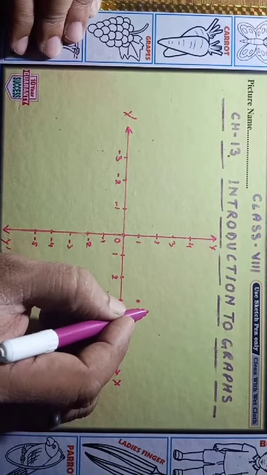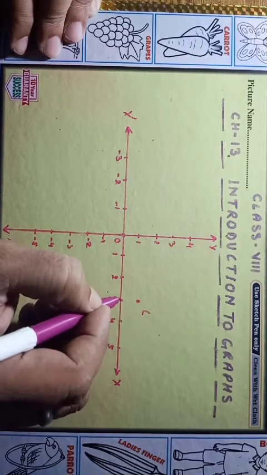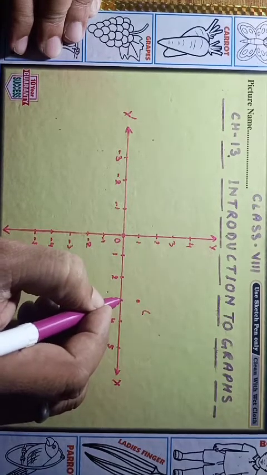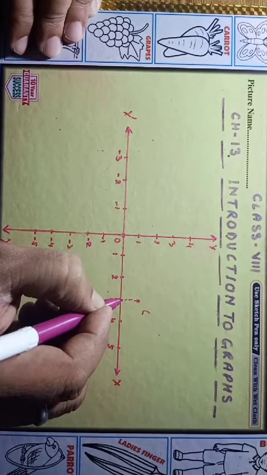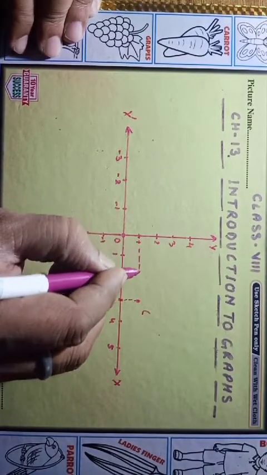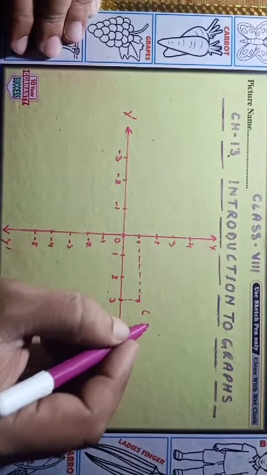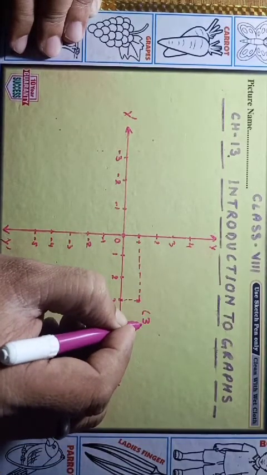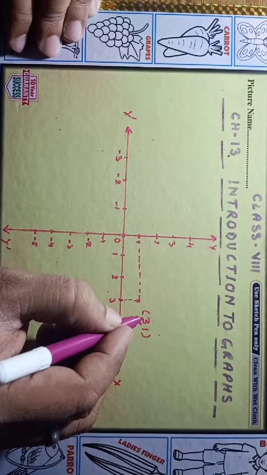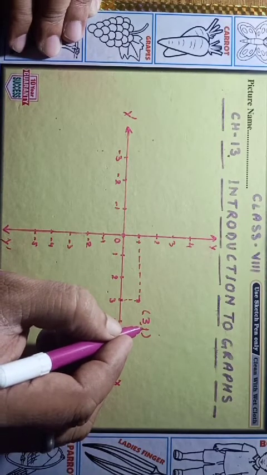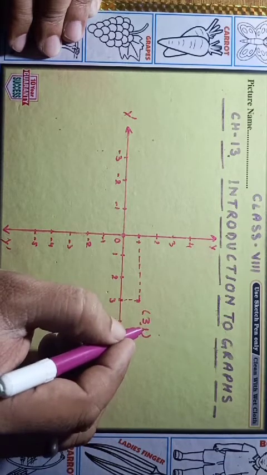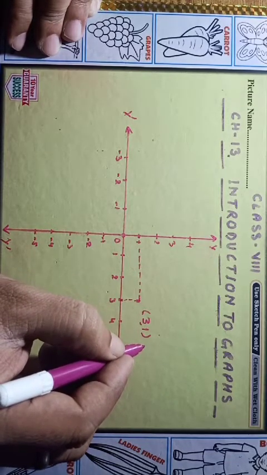So the coordinate of this point is 3 on the x-axis and 1 on the y-axis, that is (3, 1). The x coordinate is known as the abscissa and the y coordinate is known as the ordinate.